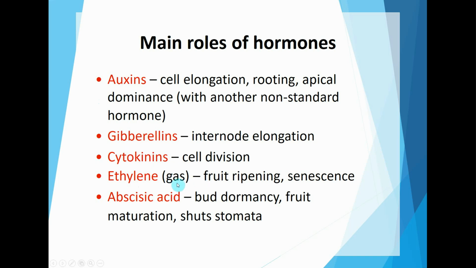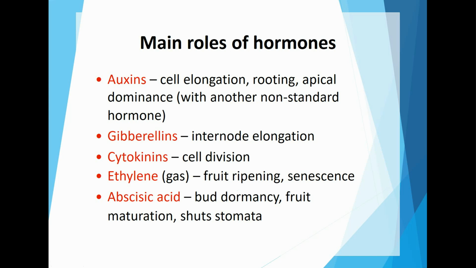Ethylene is a gas. Remember, some moms will put ripe bananas with other fruit if the other fruit is not ripening fast enough, or they'll put it in newspaper to trap the ethylene gas to cause ripening faster.